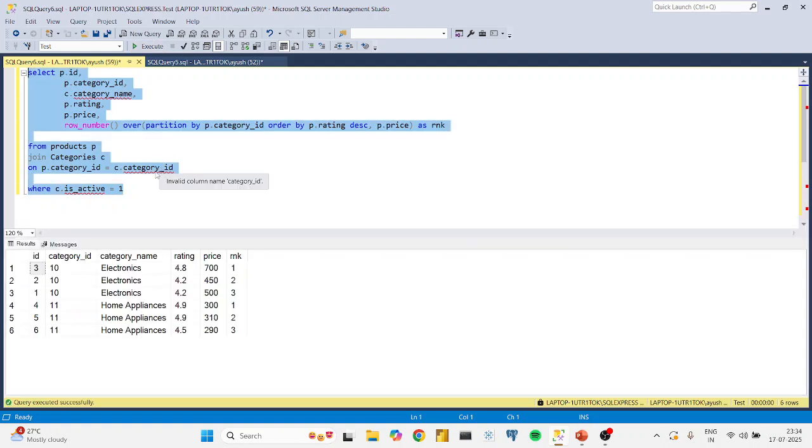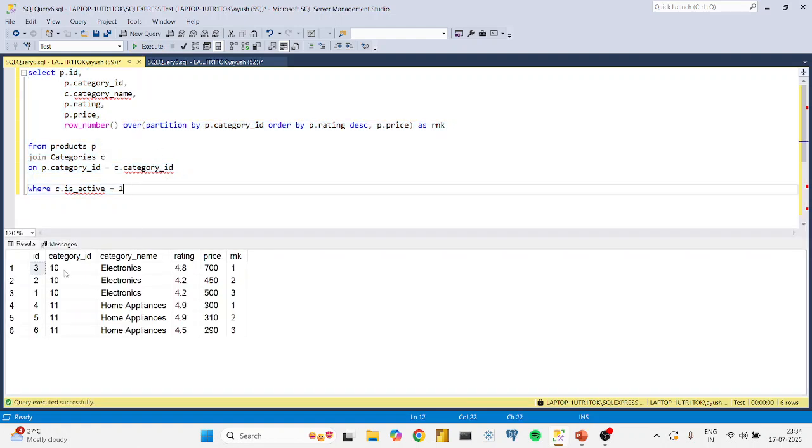Okay, so for category 10, what we needed was the product with the highest rating and the lowest price. That we have got in here, since the highest rating does not clash. For category 11, 4.9 is the highest rating, and among those what we needed is the lowest price.